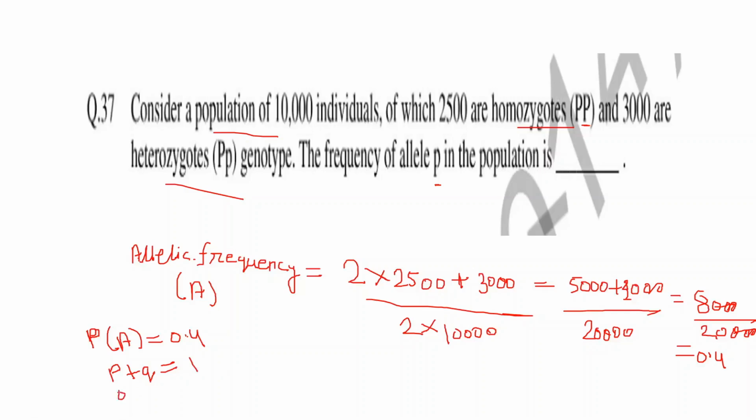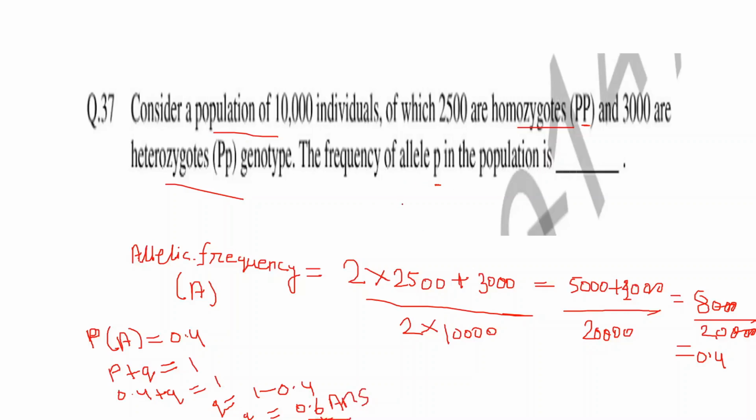Here you know that p equals 0.4, so 0.4 plus q equals 1. So q equals 1 minus 0.4, which will give q equals 0.6. So 0.6 is the answer for the allelic frequency of small q.